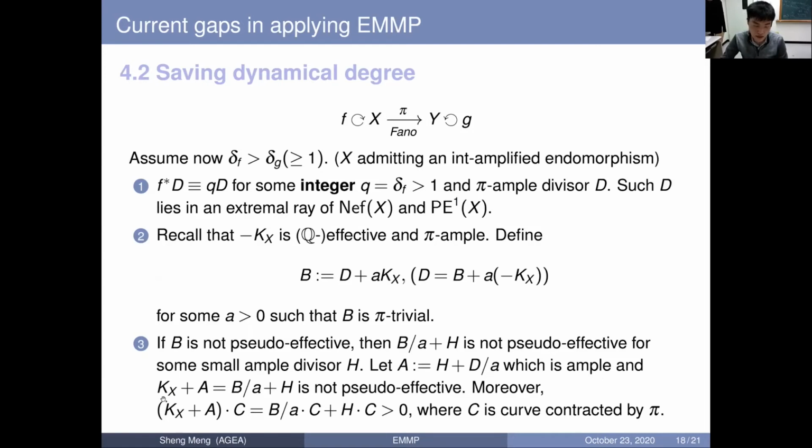And consider K_X plus A, which equals B over a plus H, and it is not pseudo-effective. Moreover, if you let C be a curve contracted by pi, then K_X plus A intersected with C equals B over a intersected with C plus H intersected with C. Note that B is pi-trivial, so this part is trivial. H is ample, so this is positive. Together it is positive.